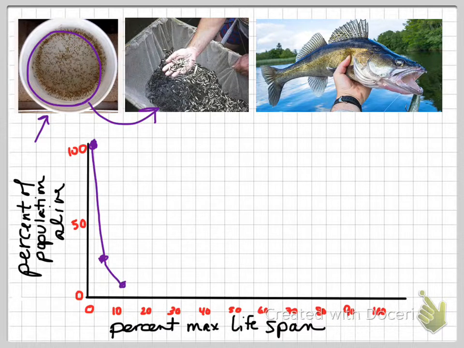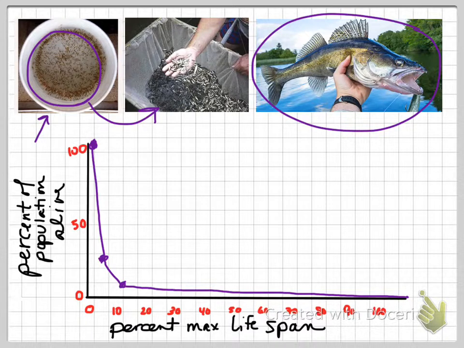Now, of the ones that survive the first 6 months, there's a pretty darn good chance that they will live to 100% of their lifespan, that they'll live a long, healthy life, and they'll end up like this big, beautiful lady. Well, hopefully it's catch and release. So again, with a species like this, boy, if you do make it through the first maybe 10% of your lifespan, you'll be just fine.